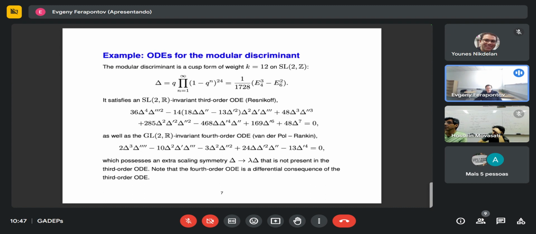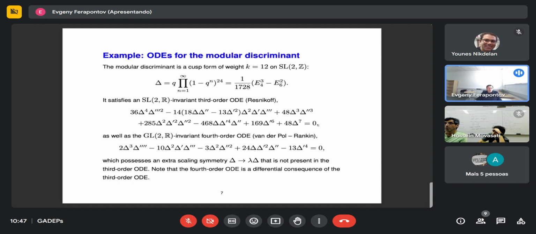Another remark is, if you take this differential equation, differentiate it, and then use this third-order equation to simplify the result, you'll get this fourth-order equation. In other words, in the language of differential equations, we say that this fourth-order equation is a differential consequence, a differential corollary, of this equation.